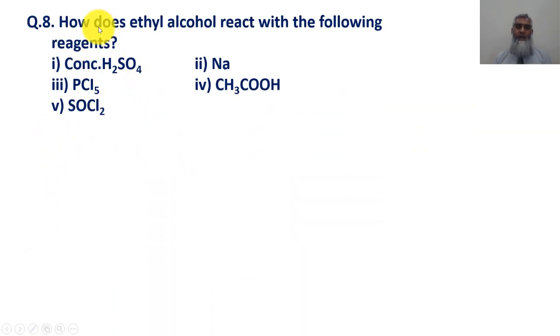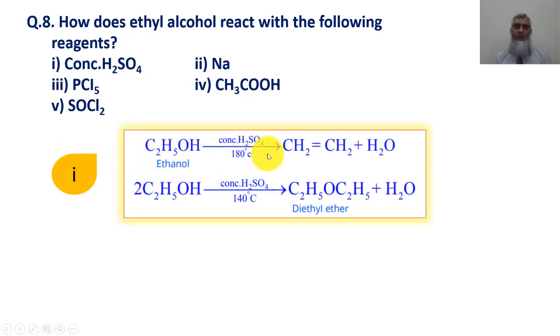Question number 8 asks how ethyl alcohol reacts with the following reagents. Number 1. Ethyl alcohol reacts with sulfuric acid, producing different products at different temperatures.